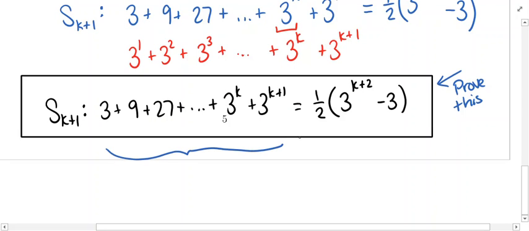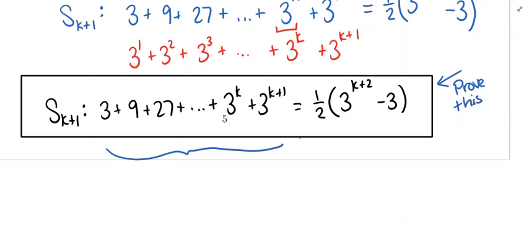We have to now work for the right side. We have to use algebra and our assumption. You can't just write down the right side of this equation in black. You start with the left side, you use the assumption, you use algebra to get the right side. Once the right side is achieved, then you're done.